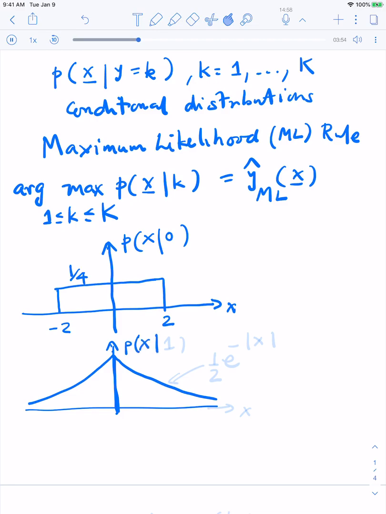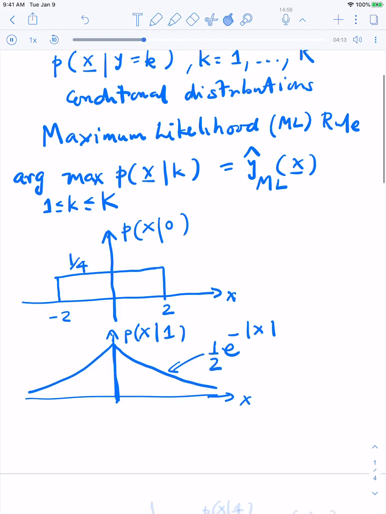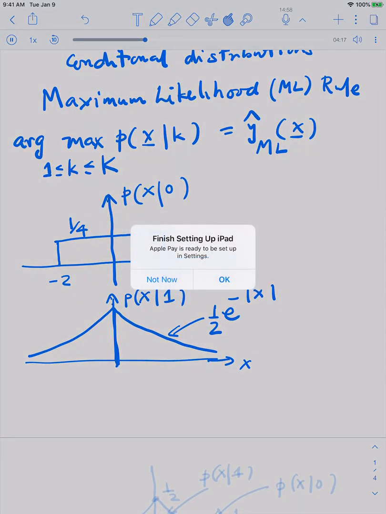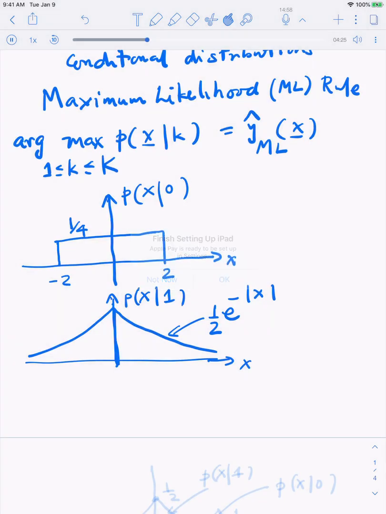This is P of X given 1, the function of X. Let's say that it decays as e to the minus the magnitude of X. It's pretty easy to see, to make the area under the curve 1, this factor has to be half. The maximum likelihood rule just says, given a particular value of X, you have to make a decision as to which one it is, and you just do it by comparing these two densities. If the top density is bigger, then you will say 0. If the bottom density is bigger, you will say 1.